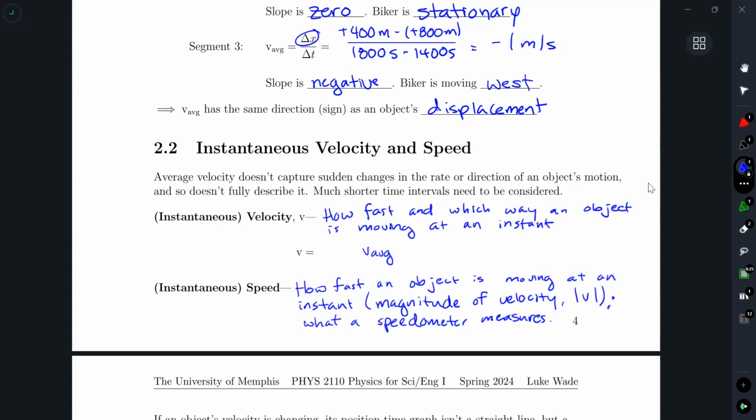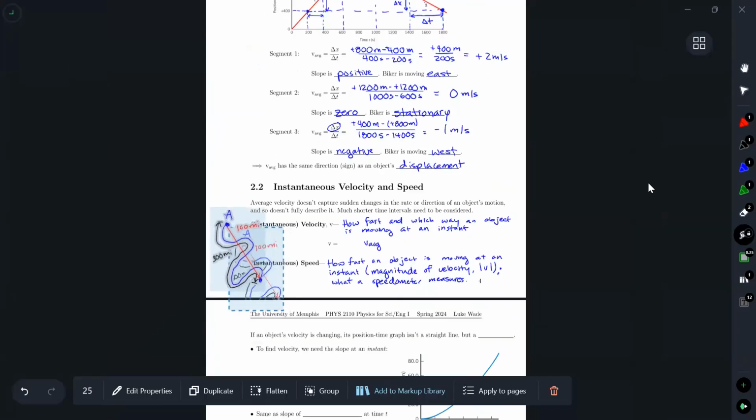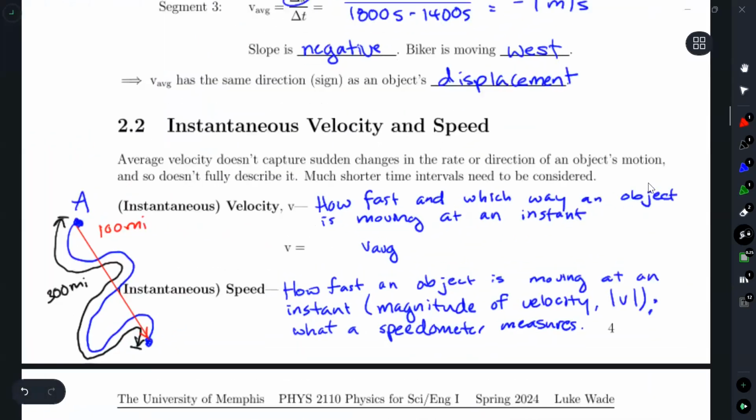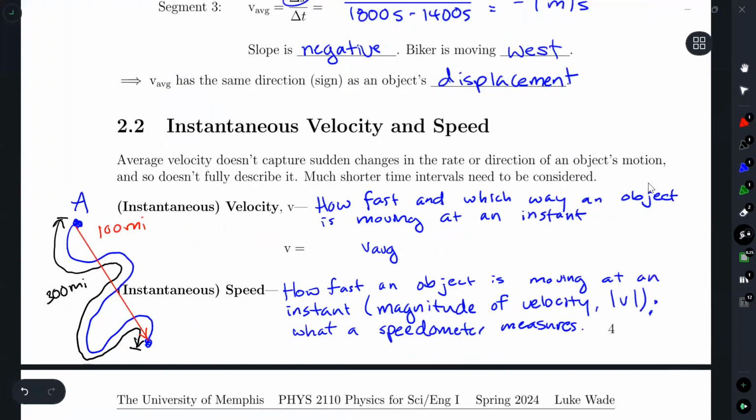So if I come back to this road trip idea, what I'm thinking about now is not the whole trip, it's just a very short segment of it. So maybe from A to, we'll call it, A2.